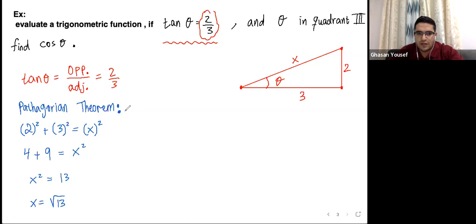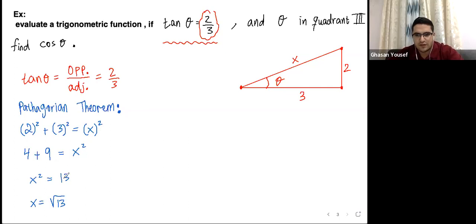Again, the Pythagorean theorem says the opposite side of the angle squared plus the adjacent squared equals the hypotenuse squared. So 2 squared plus 3 squared equals x squared. 2 squared is 4 and 3 squared is 9. 4 plus 9 is 13.